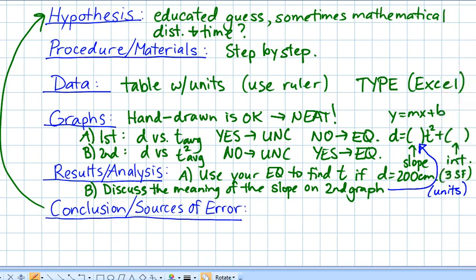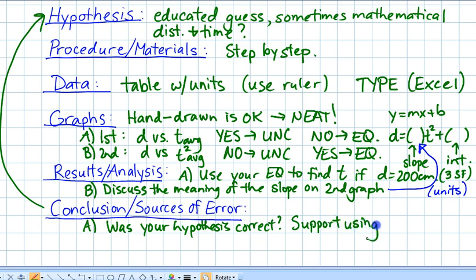Now in the conclusion, there's going to be three things that you're going to do. Number one, you're going to say, was your hypothesis correct? And you're going to support this using data.